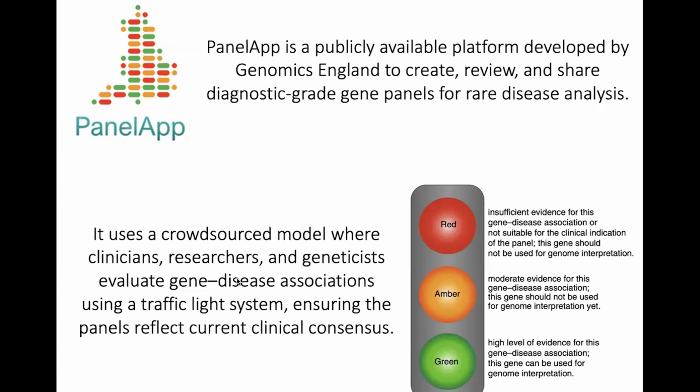It uses a crowdsourced model where clinicians, researchers, and geneticists evaluate gene-disease association using a traffic-light system, and they classify the gene based on the strength of the evidence linking it to the disease. This could be, of course, red if there is limited or no evidence of the association, amber if moderate, or green if there is strong evidence of the gene-disease association, and therefore the gene is suitable for clinical diagnosis.